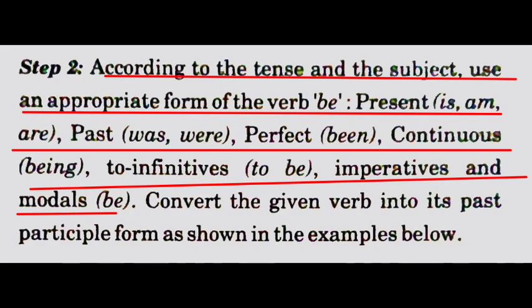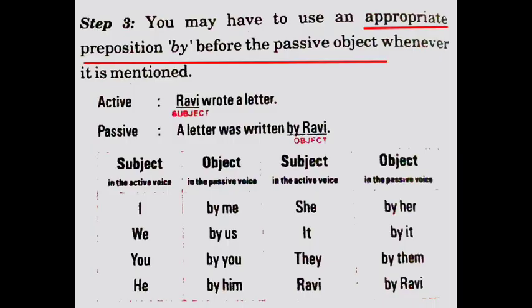In the second step, we'll be changing the tense. This we'll be discussing in detail later on. For example, in this case, you can see killed is changed to was killed. So, how we'll do this? We'll see it in detail in the next video. And the third step is that we'll add the preposition by before the passive object.